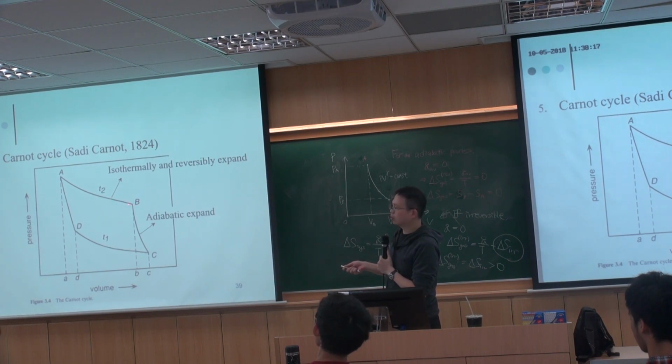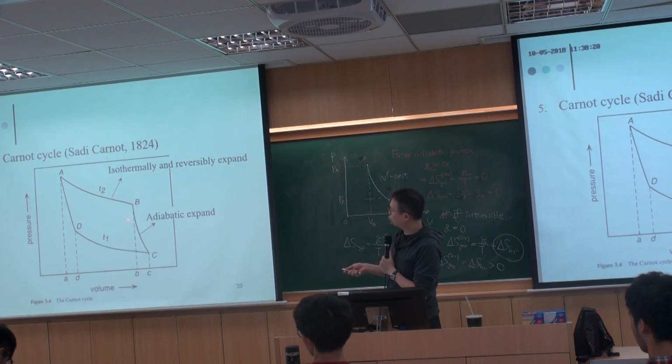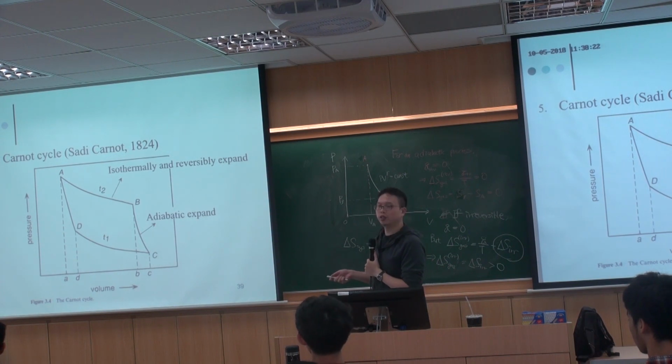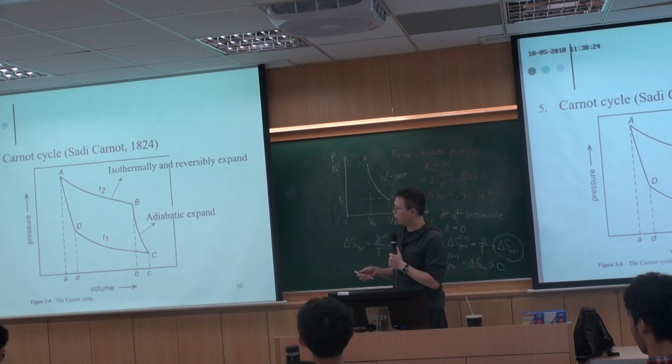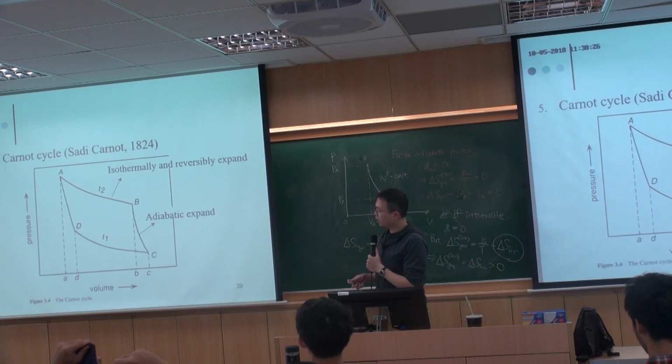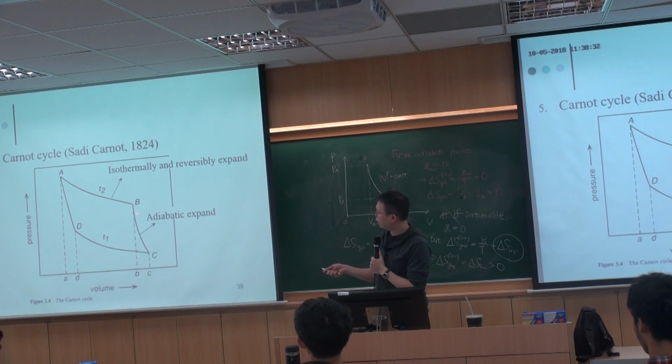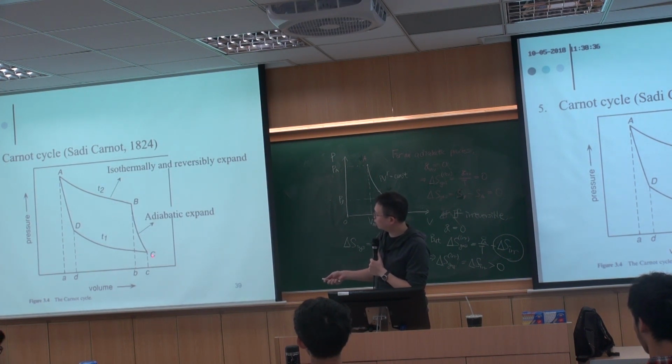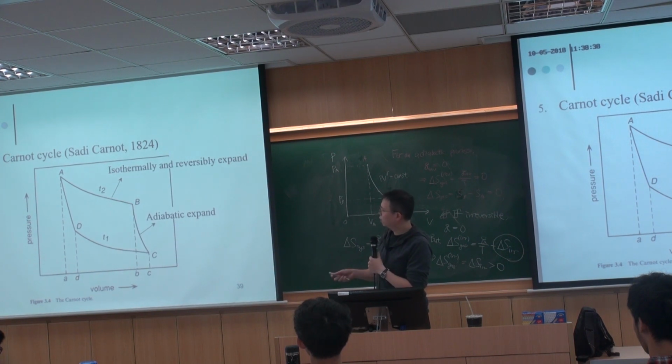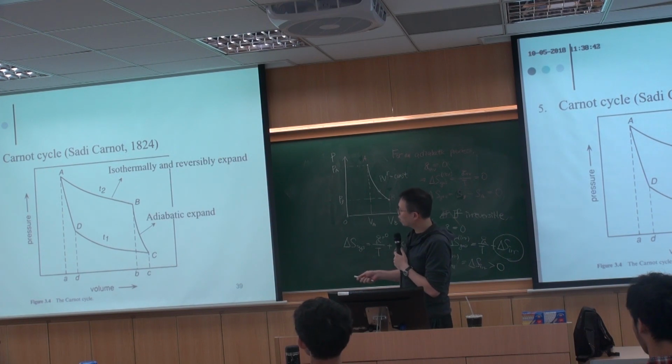And once it reaches a certain point, it will go through an adiabatic expansion. The adiabatic expansion means that no heat will be absorbed by the system, but at the same time, it is still doing some work, because you can see that it is an expansion of gas. Therefore, the system is doing work on the outside.